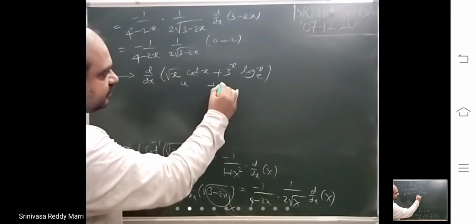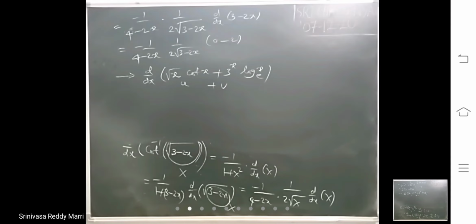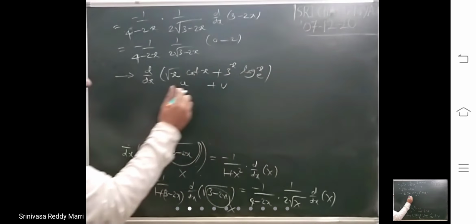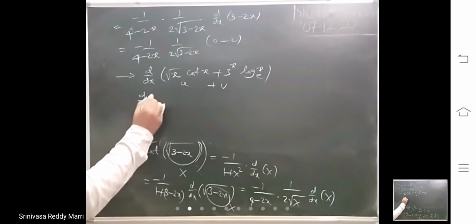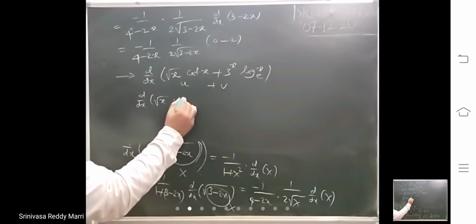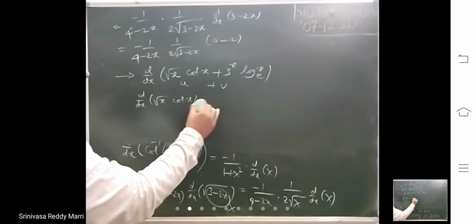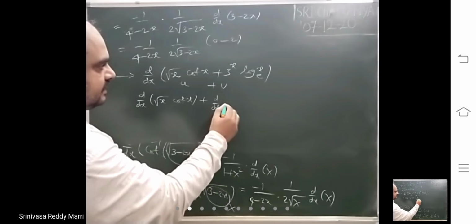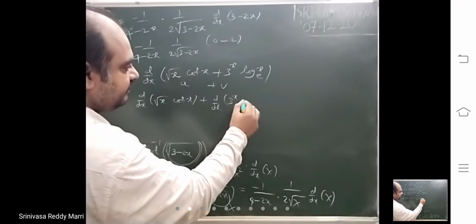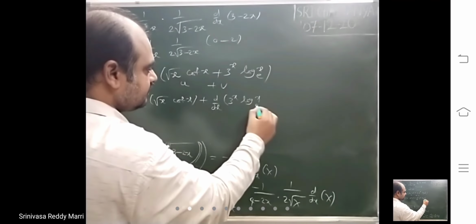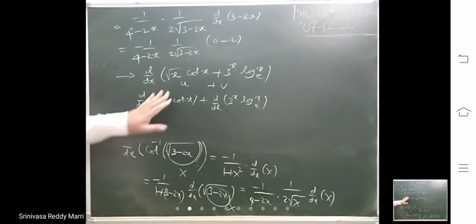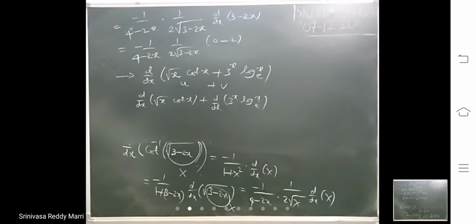Now this is u plus v. This function plus this function. That means the derivative of root x cot x plus the derivative of 3 power x. This u plus v means what? The derivative of u plus the derivative of v.